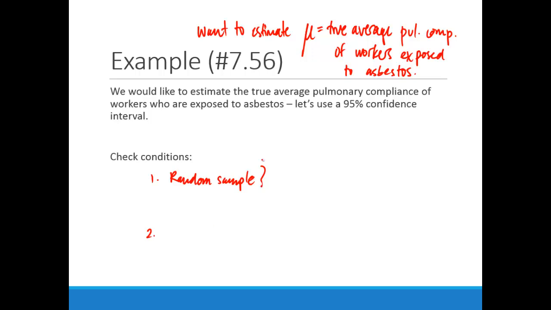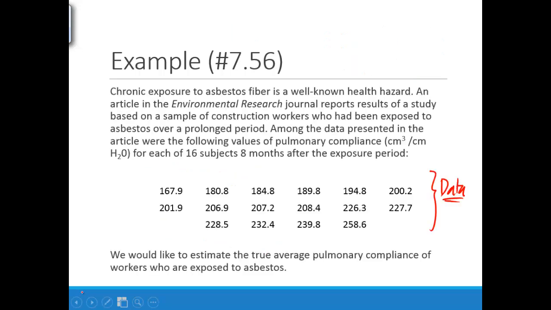And then we'll ask whether my sample is large enough, or is it normal? Okay, so first question, do I have a random sample here? Is it stated that I have a random sample in the problem? And if not, would you think that this is hopefully a representative sample anyway?